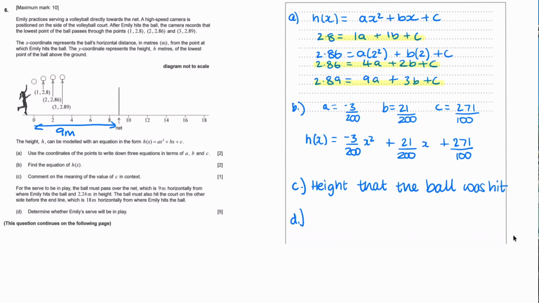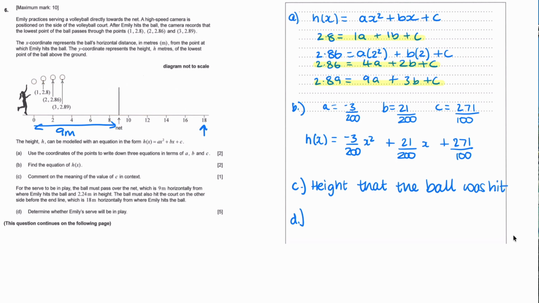And we know that she hits the ball at 2.24 in height, and we need to work out: does it go over the net, and does it land before the end, which is the 18 meters horizontally? So it needs to land back on the court before 18.